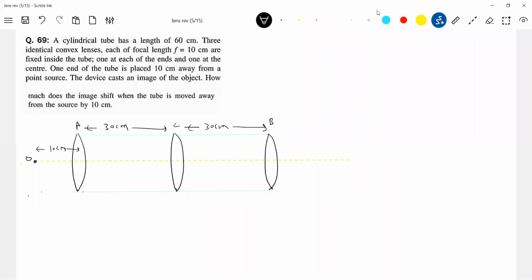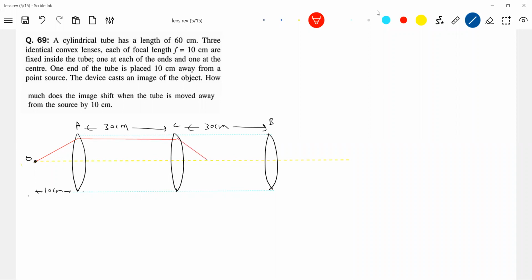Where the image will be formed due to this one. So focal length is 10 centimeter. If I keep the object at this particular point, how will the rays go? So let's have a small ray diagram. Then focal length is 10 centimeters. So where will it focus?